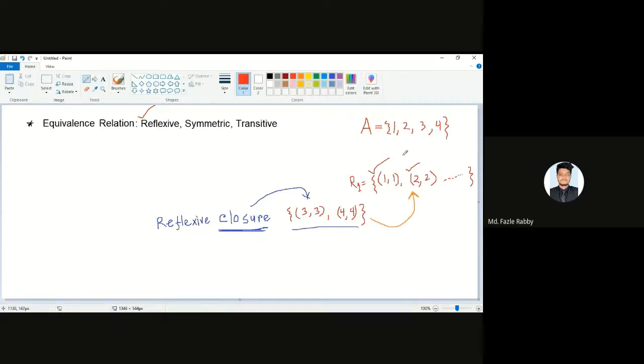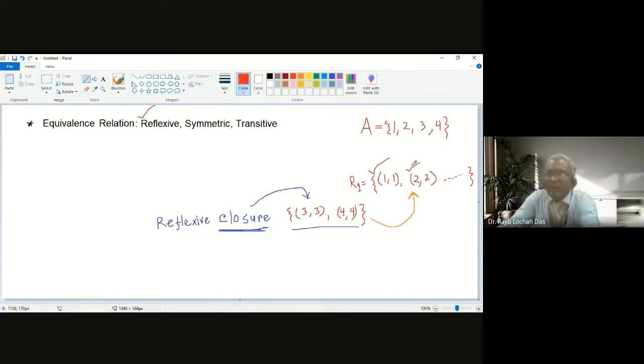Yes, sir. So if I think about, say, (2,3) is one pair already there, and the opposite of this, (3,2), that is also included. Say another pair is (1,4), but the opposite of this, (4,1), is not present.